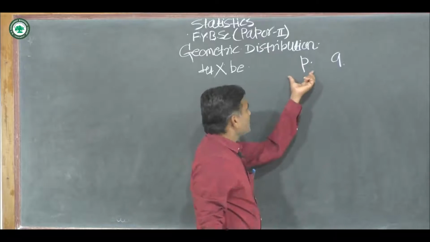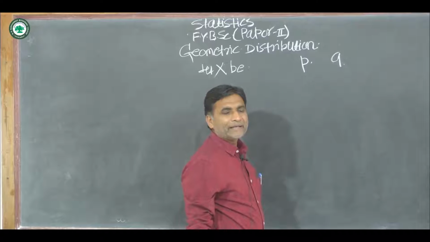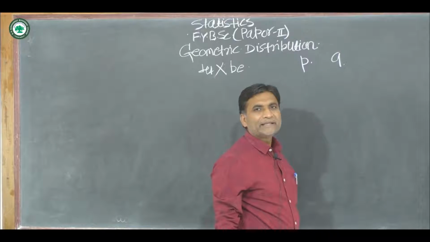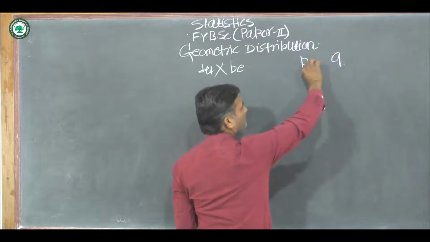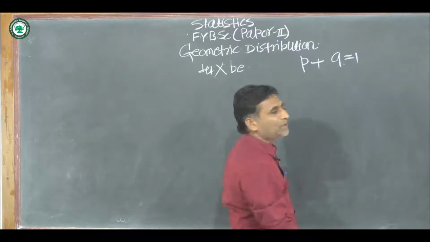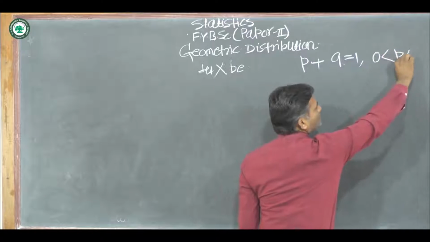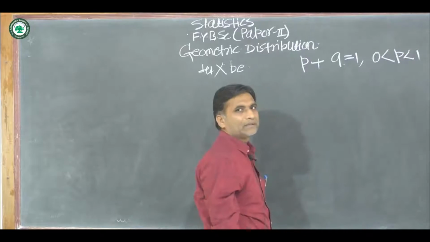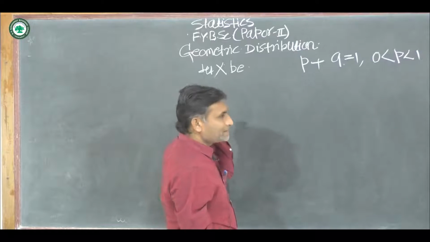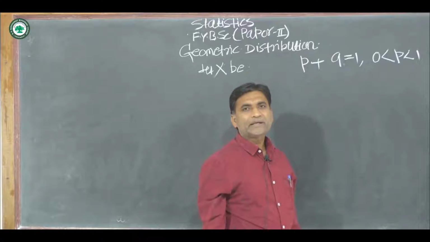Here P represents the probability of getting a head and Q represents the probability of getting a tail, and P plus Q is equal to 1, that is, total probability is equal to 1. P lies between 0 and 1. We assume that the trials are independent.